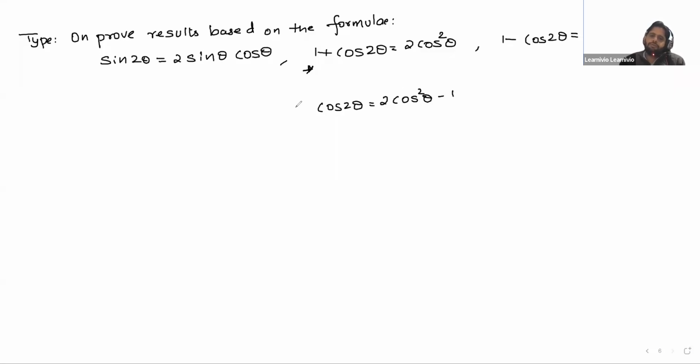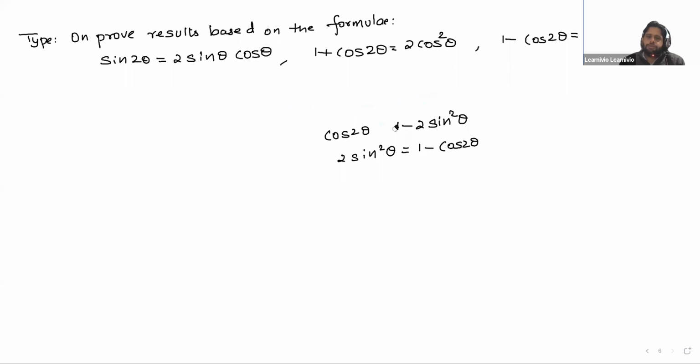When you shift the 1 to this side, you will get this formula. Similarly, cos 2 theta equals 1 minus 2 sin square theta. Shift that here, so you get 2 sin square theta equals 1 minus cos 2 theta. Is this clear, Pratika? Yes, sir. Okay, very good. Please note this down and let me know once it is completed.